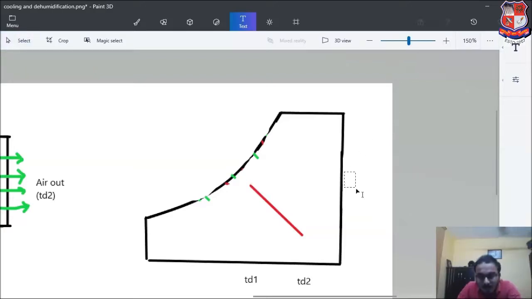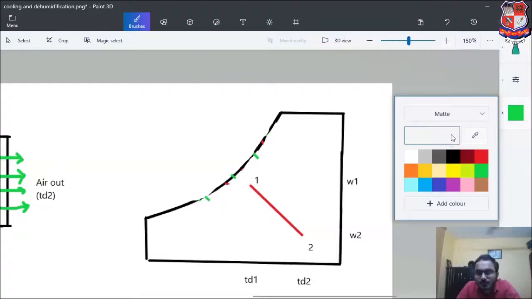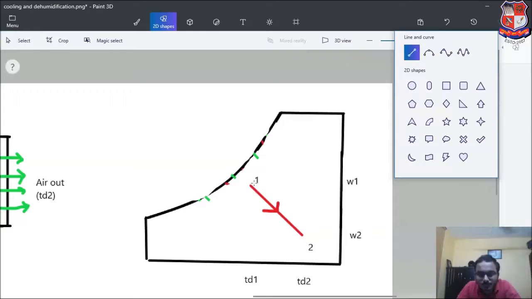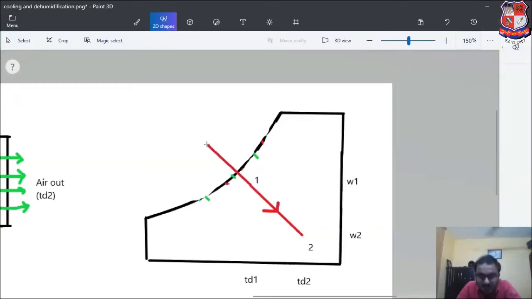Then we are having here W1 and here W2. As our process is dehumidification, we will have this as 0.1 and this as 0.2, and the direction of the process is this. And if you wish to show this on an enthalpy line, then it will be constant.